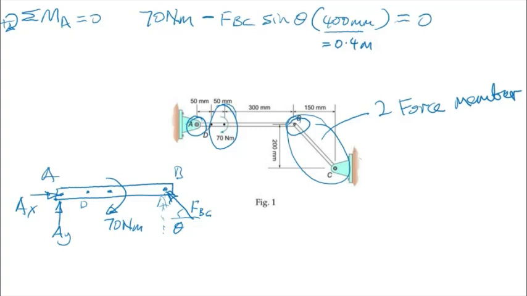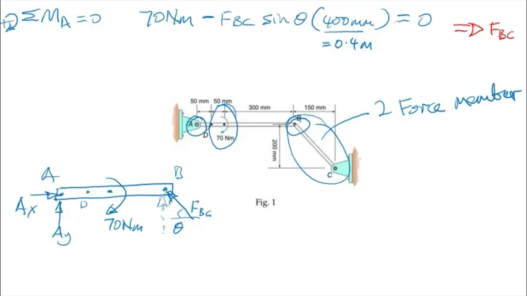From this equation you can get FBC. Once you've got FBC, you can solve for AX and AY.